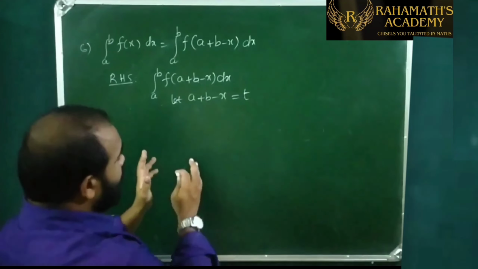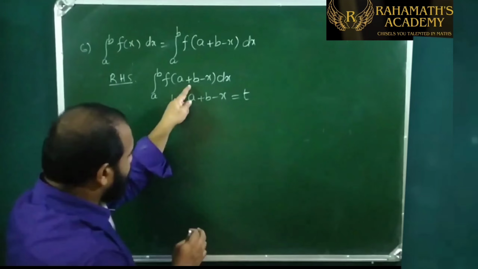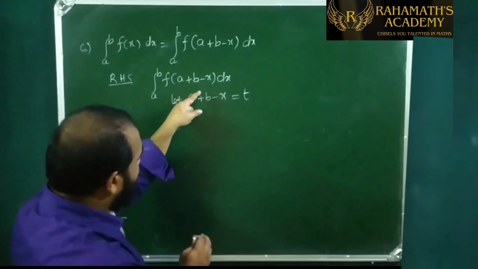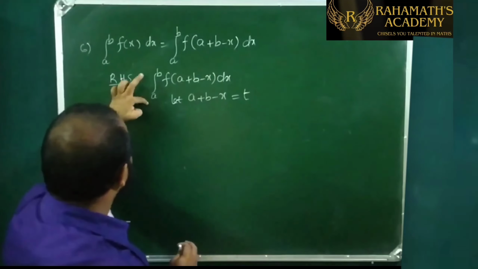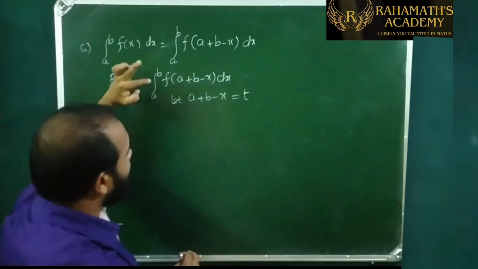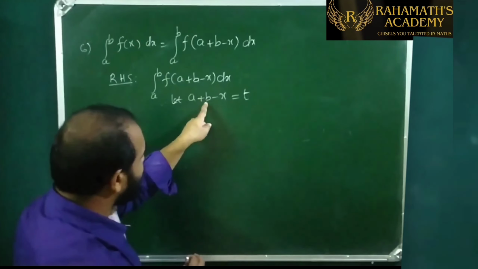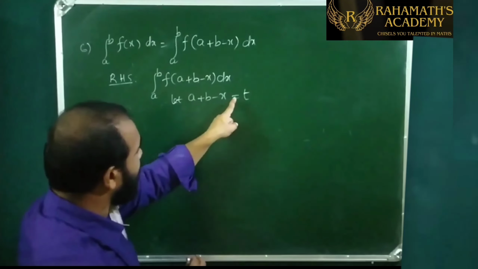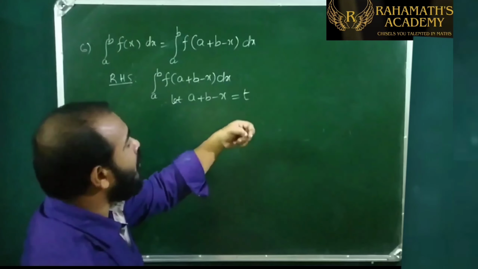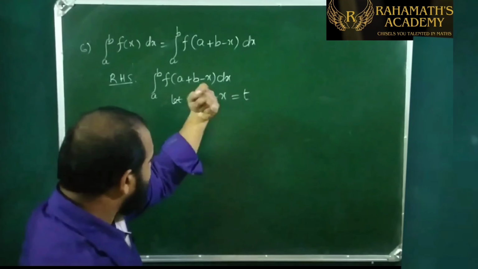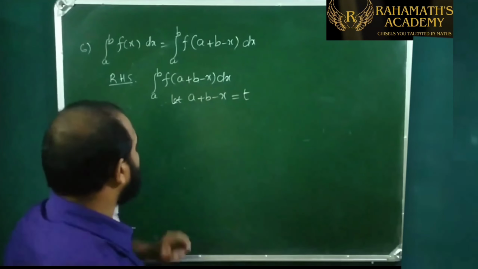In substitution, bear this in mind: a to b are the limits of the original variable of integration, which is x. But this x we are trying to change into t, a new variable of integration. Therefore, we need to freshly find the limits for t also.